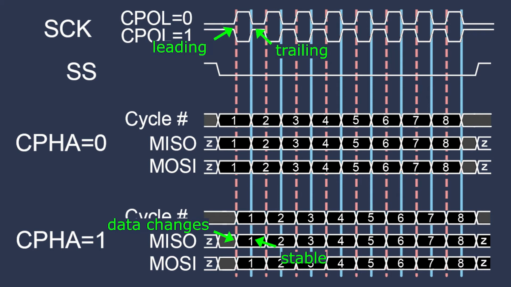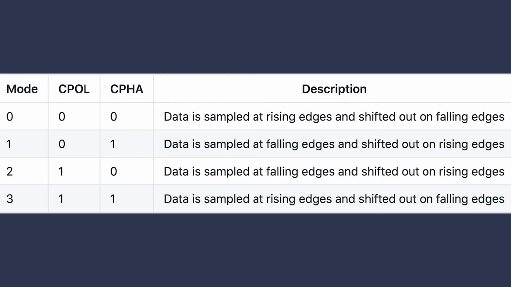Ultimately, we have to respect whatever requirements the slave or master have. Since we have 2 settings with 2 options each, we have a total of 4 SPI modes.